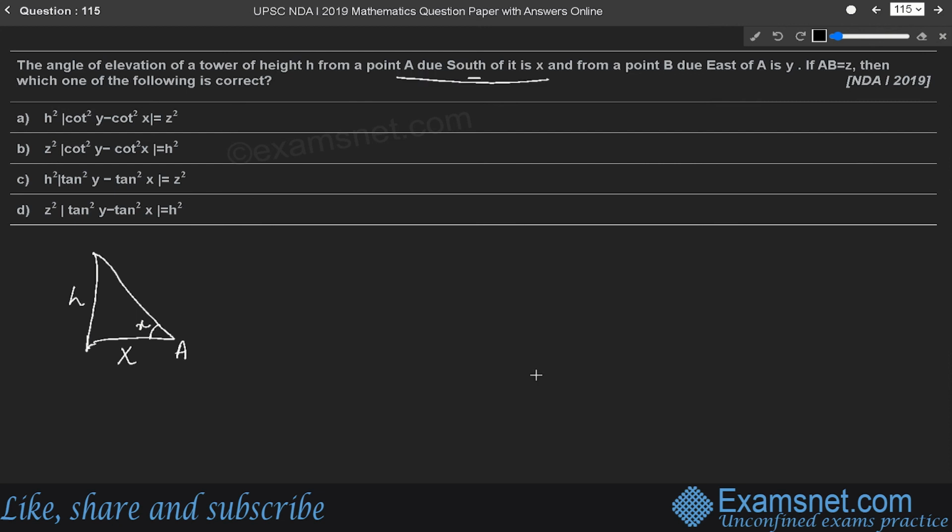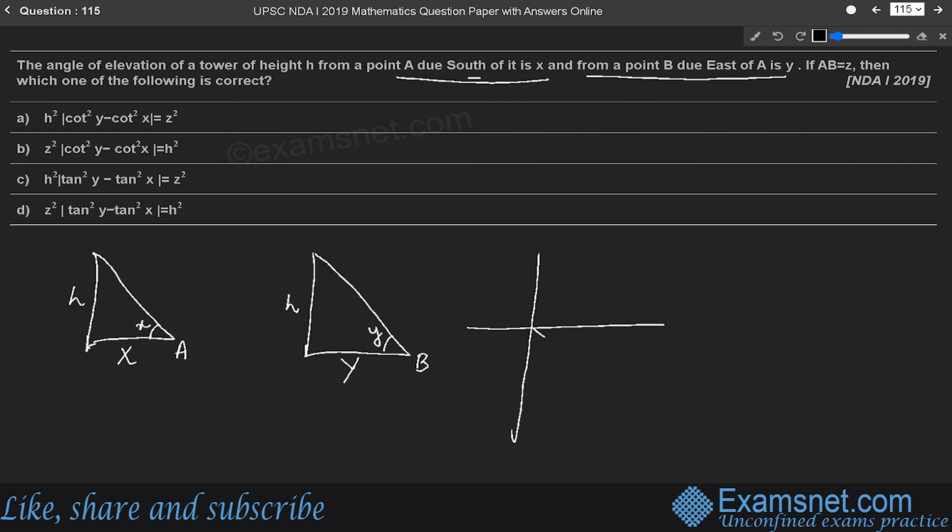Now there is another situation, which is from a point B due east of A is y. So for a point B due east of A, it will be B, and it is y, meaning angle of elevation is y. Height is same, which is h, and this will be y. So further, the final output will be in such a way.